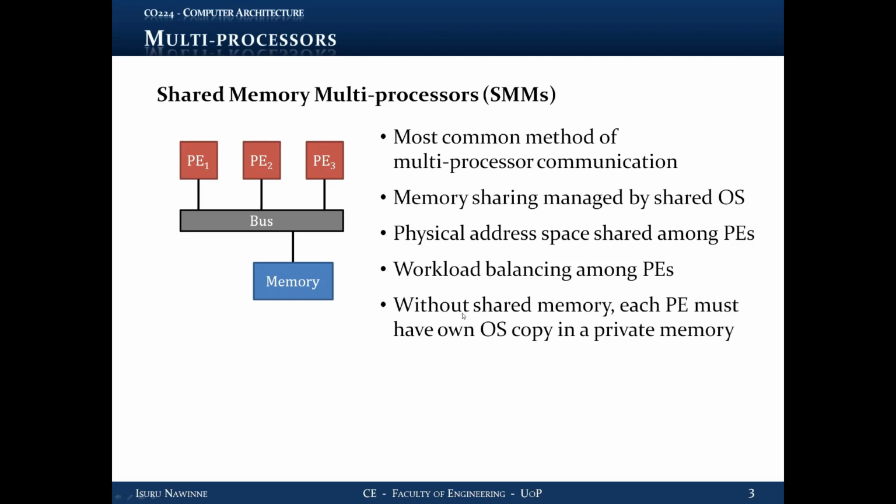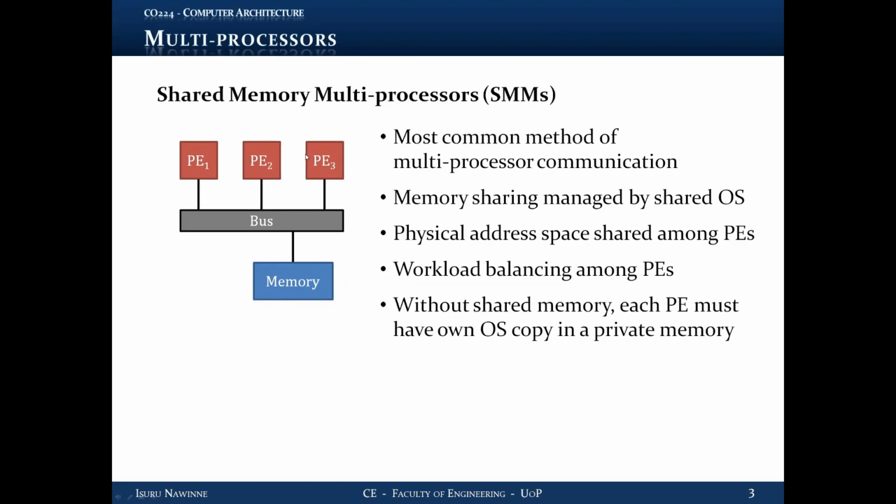Right. So the physical address space, like I said earlier, is shared among all these processing elements, and the operating system needs to perform some sort of workload balancing among these processing elements in general to get better utilization, right? There is no real benefit to us if only one processor is running all the work and the other processors are idling or doing very little work.